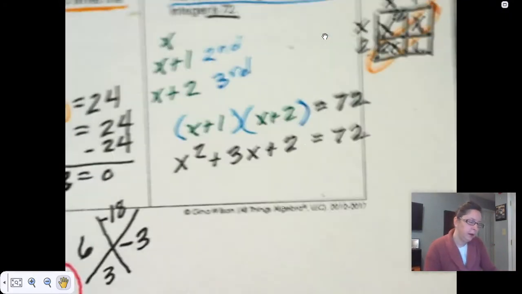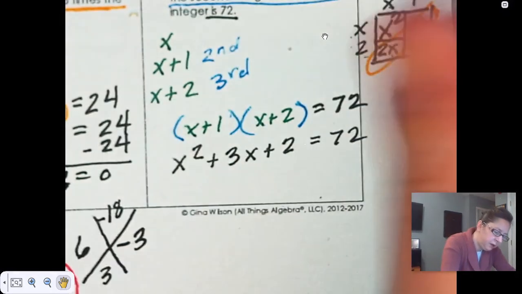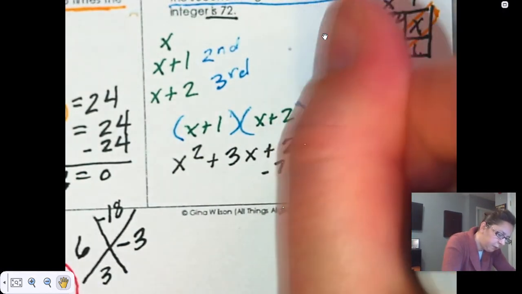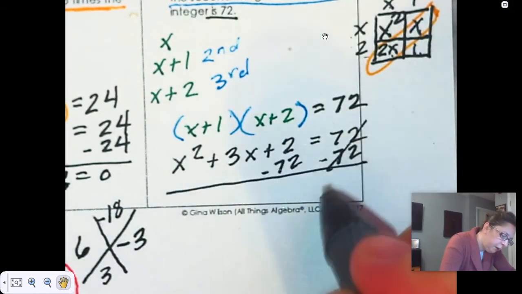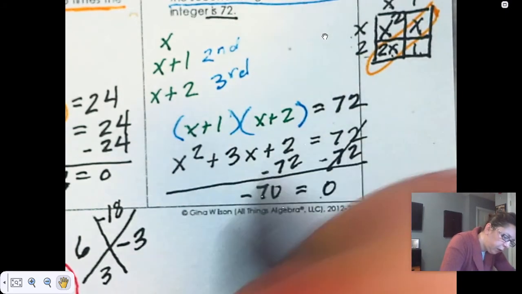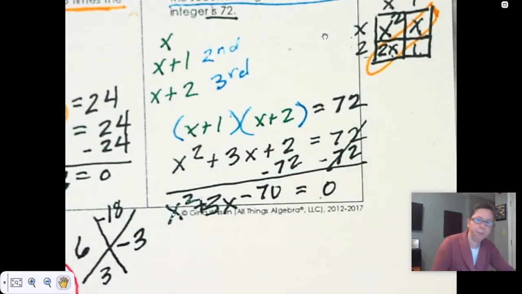Okay. Now, because I have an x squared term, in order to solve this, I need to set it equal to 0. So let's move this 72 over, minus 72 from both sides. And that will give me a negative 70, plus 3x, and then x squared.